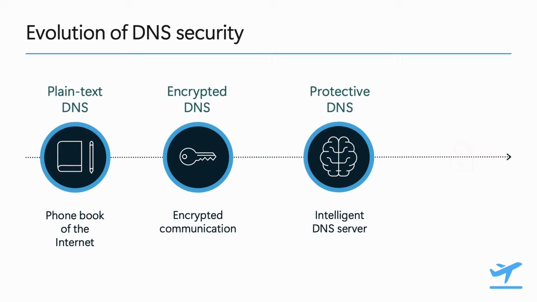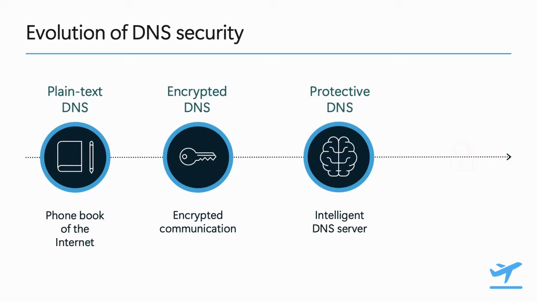Now, we have an intelligent DNS server that doesn't resolve malicious domains, but attackers can still bypass protective DNS by hijacking the client device to use a different DNS server or issue direct IP address connections to malicious endpoints.